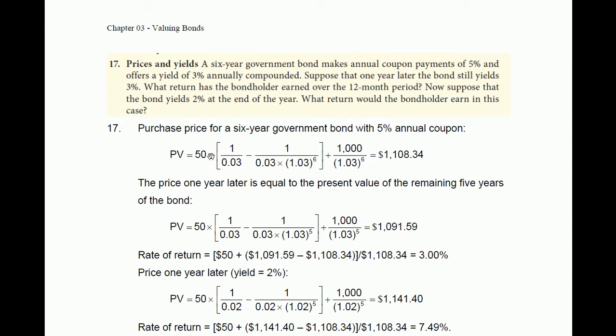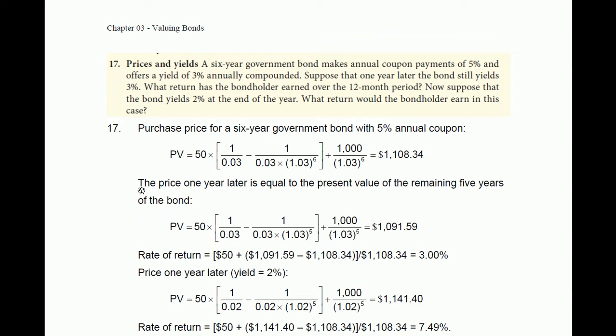And using this discount factors formula, and this is the principal repayment, $1,000, and we discount it to today. So the price would be 1,108.34.